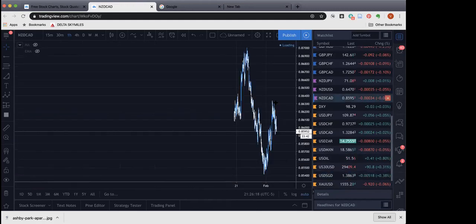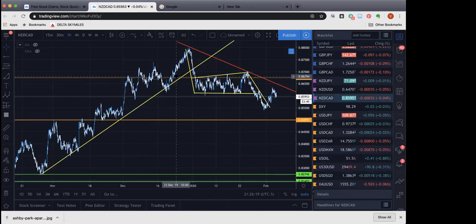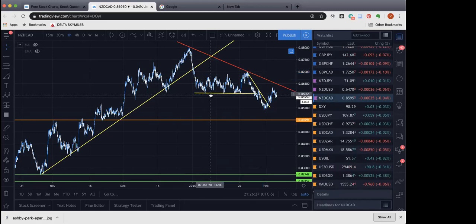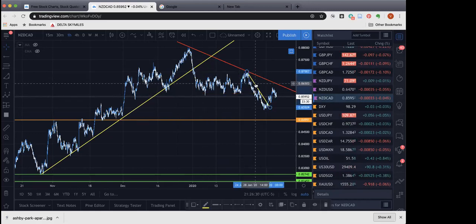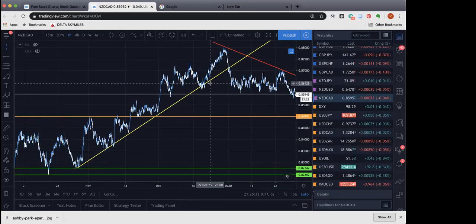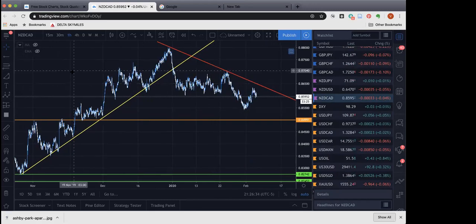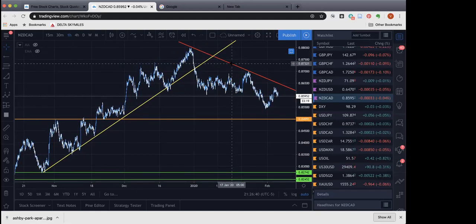One trade that I took. What is this? This structure right here. Head and shoulders.